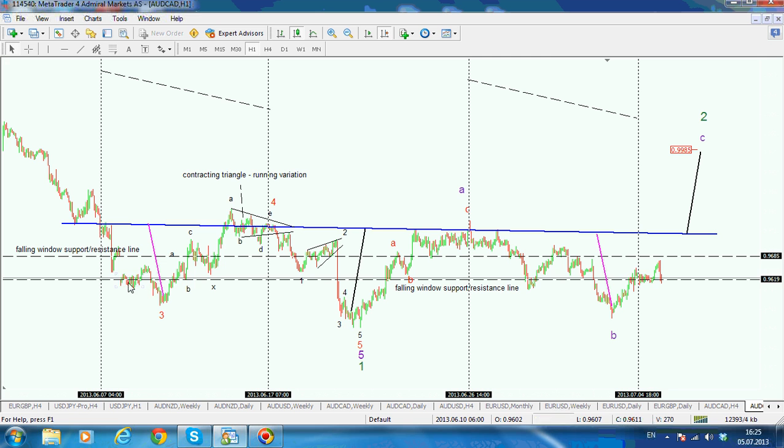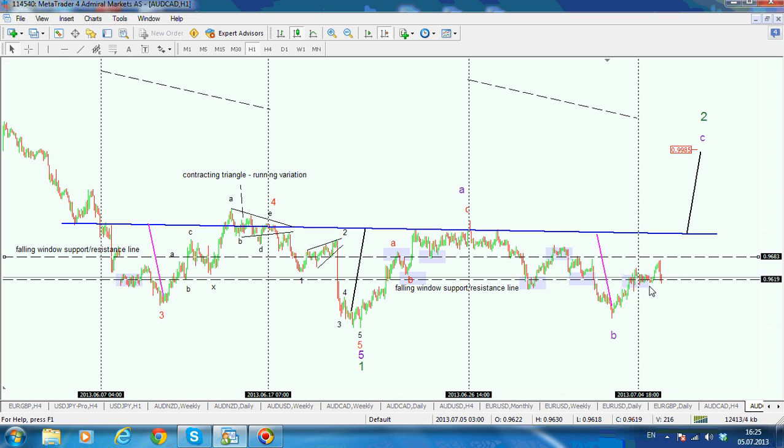Now this would mean parity, and if you take into consideration the support and resistance line given by the falling window, then take a look how price reacted around these levels. All the way through this area, and now it is finding itself again.